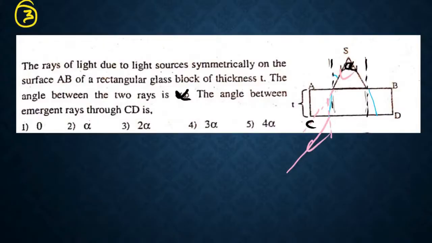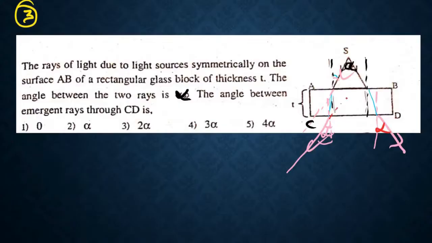That means this angle should be equal to this angle, right? Yeah, angles must be equal. So this is alpha. Okay, that's the theory. Let's do the same thing here then. So it goes like this. Angle, it has to be alpha.